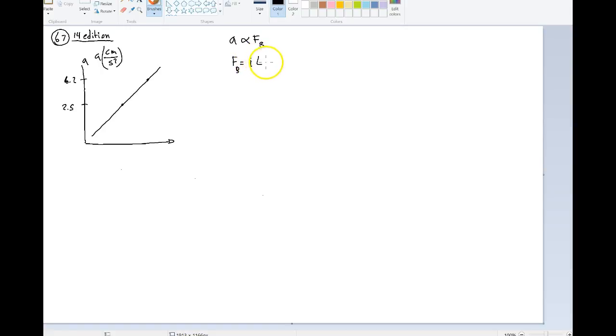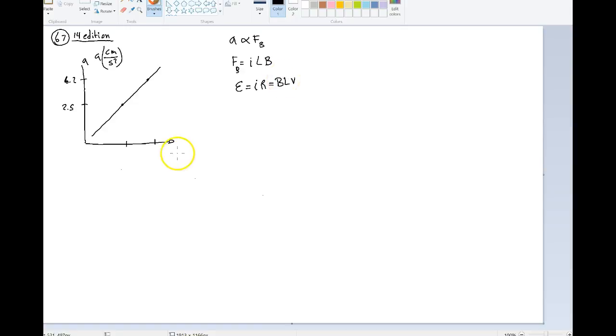And also, this is true. The current times the resistance in the loop is equal to the magnetic field times the length times the velocity.